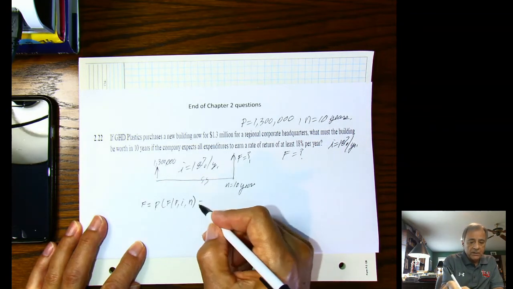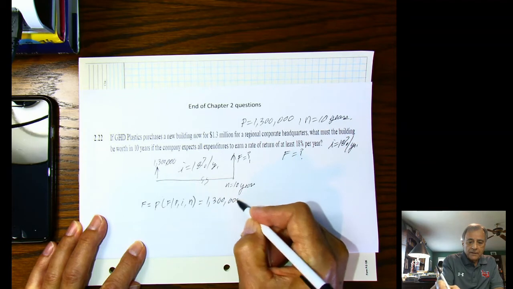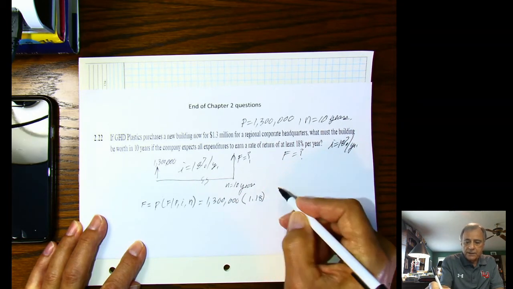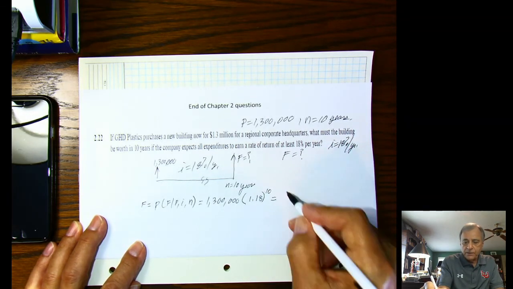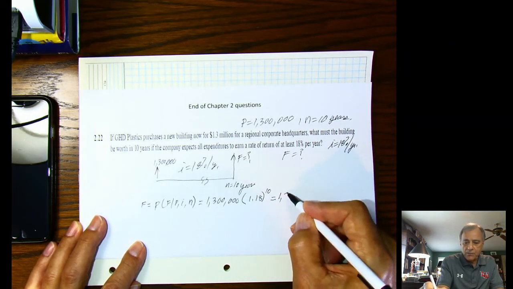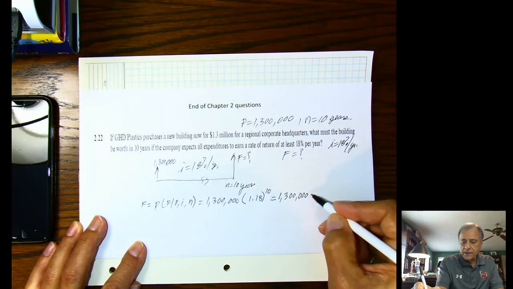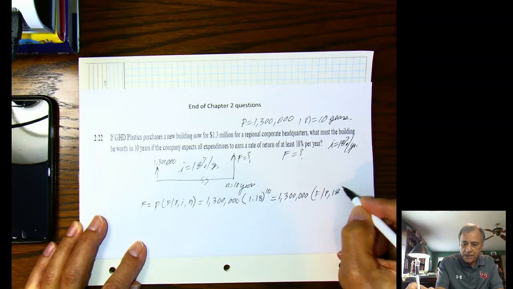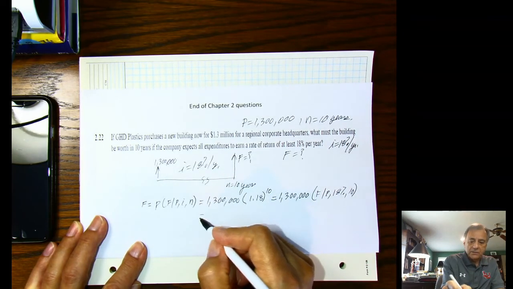So you could say 1.3 million times 1.18 to the 10th power, or you can go about it from your engineering economics career app. 1.3 million written out here, F given P, 18%, 10 years, and that's equal to something.